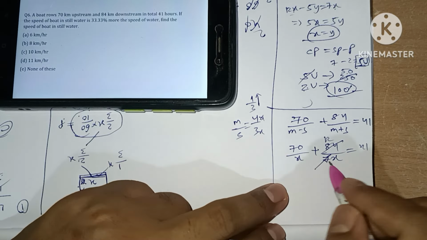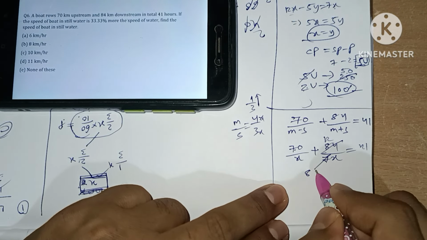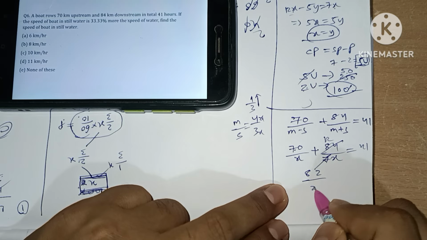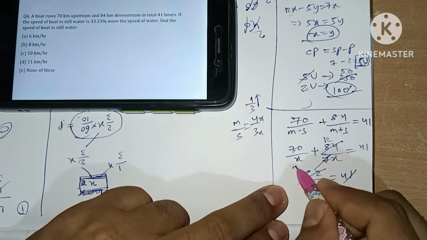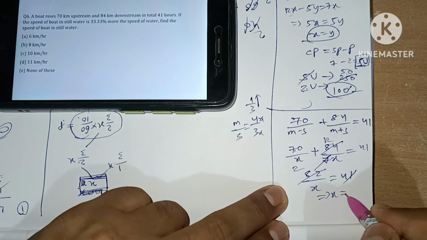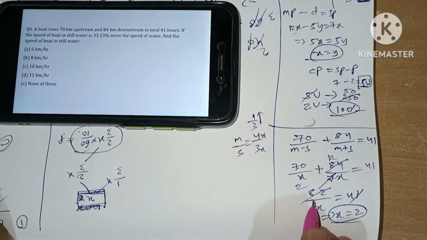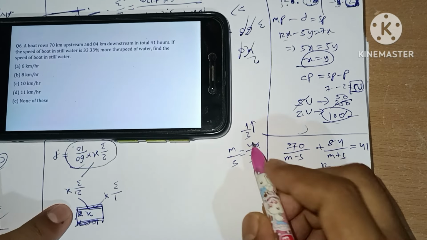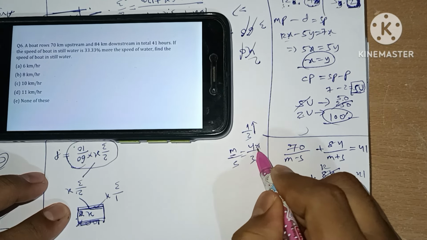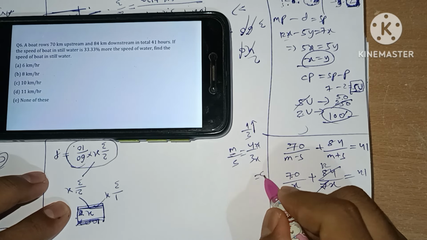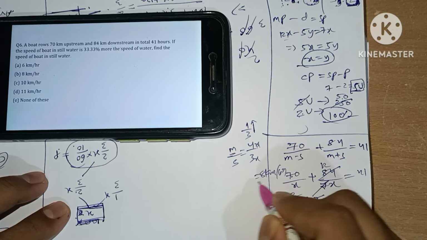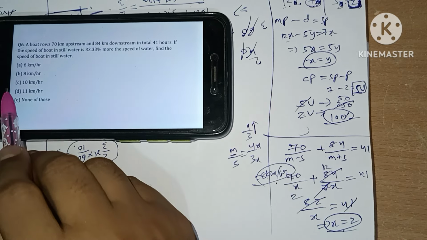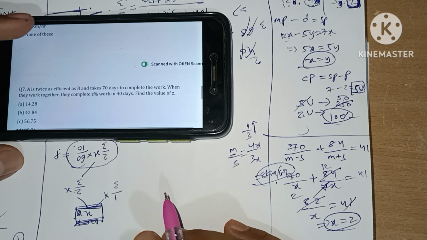So denominator is x, so top will be 82 divided by x equals to 41, 41 2 times. So x value we have 2. Now the question asked is find the speed of the boat in still water. Asked about m value, 4 into 2, which will be 8 kilometers per hour. So answer is 8 kilometers per hour. Option B is our answer. Next, seventh one.